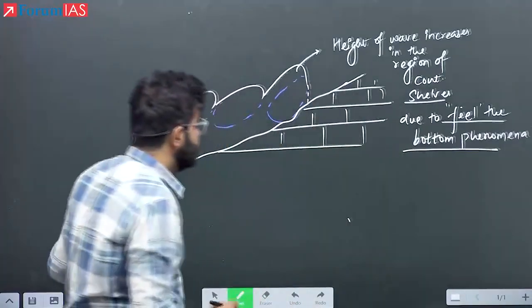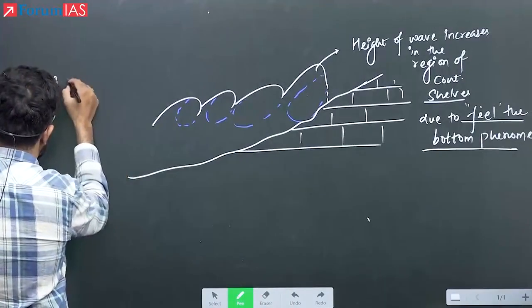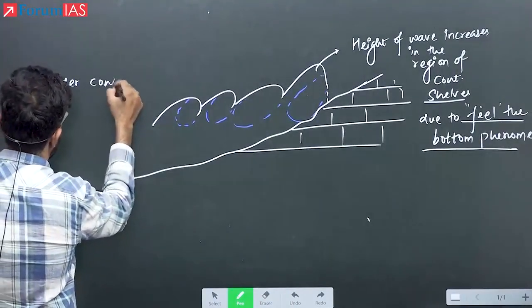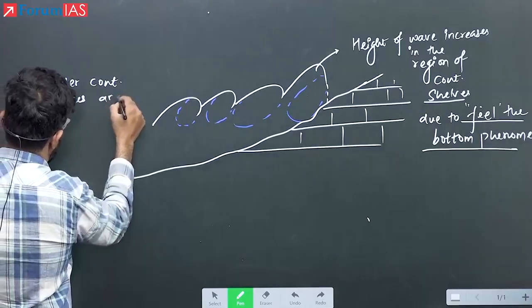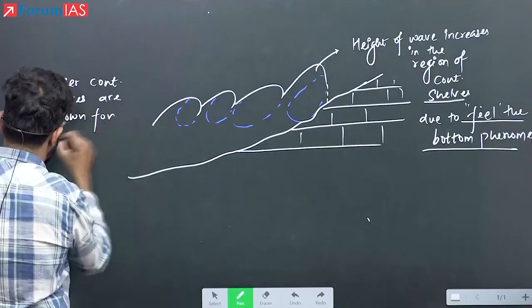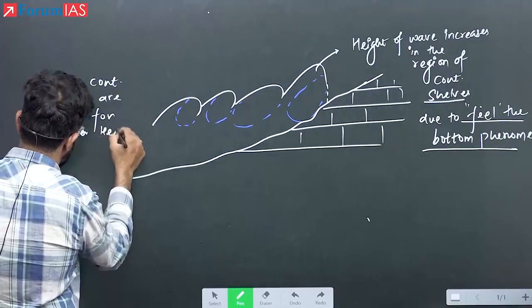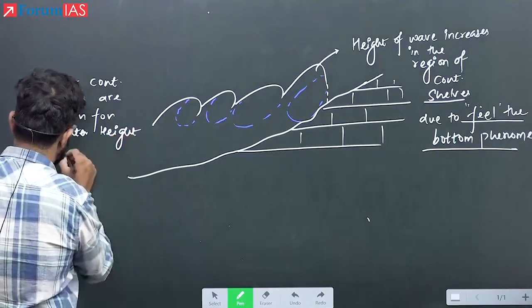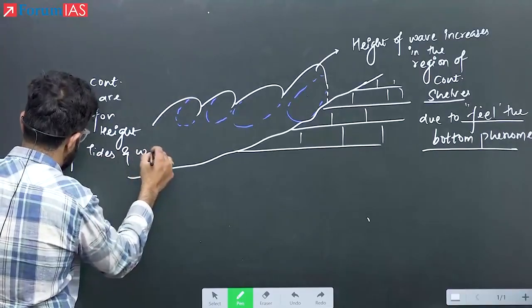Therefore, wider continental shelves are known for greater height of tides and waves.